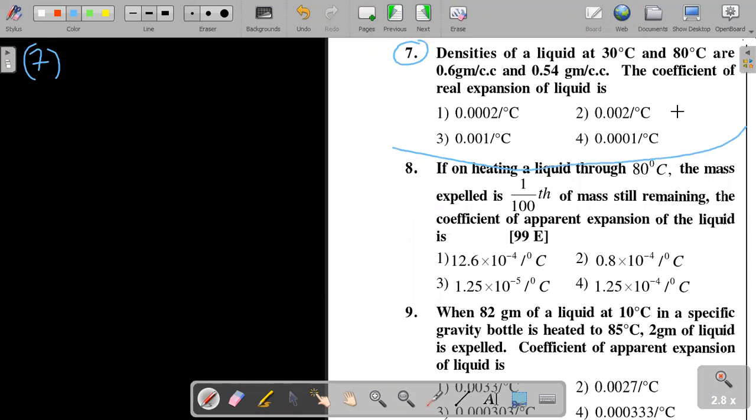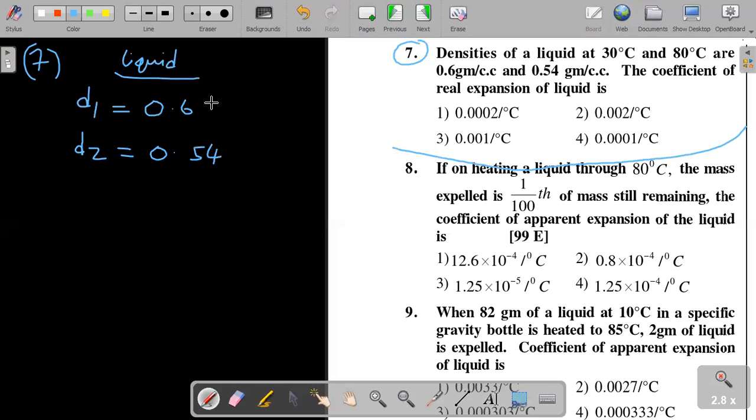Densities of a liquid at 30 degrees Celsius and 80 degrees Celsius are 0.6 gram per cc and 0.54 gram per cc. The coefficient of real expansion of liquid is? Yes, they have given density D1 value as 0.6 and D2 value as 0.54.